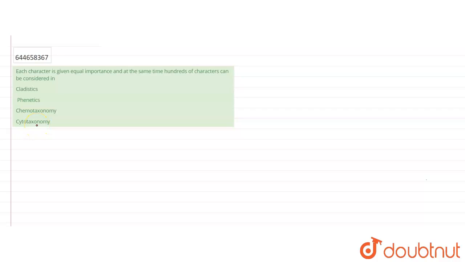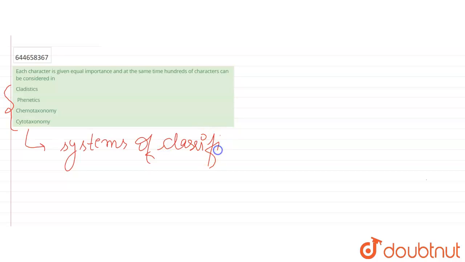So these four options basically represent the different systems of classification. And classification of what? Classification of organisms into different kingdoms, and then into further subdivisions.